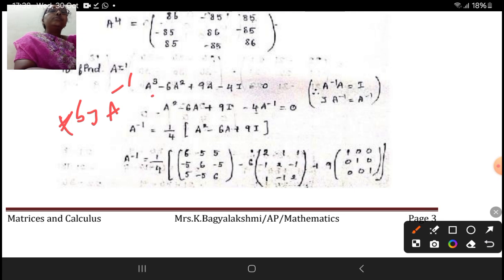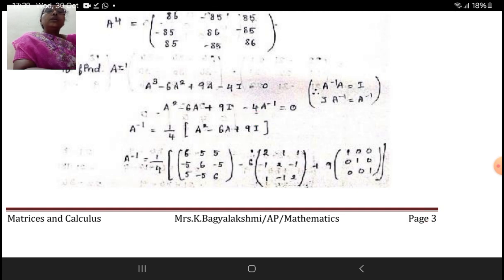So A cube becomes A square, A square becomes A, and A by A is the identity matrix, and minus 4 into A inverse is minus 4 A inverse, which is equal to 0. Keep this A inverse on the left hand side and the remaining values on the right side, and the 4 also we can take to the right side. So we get A inverse equal to 1 by 4 into A square minus 6A plus 9I.